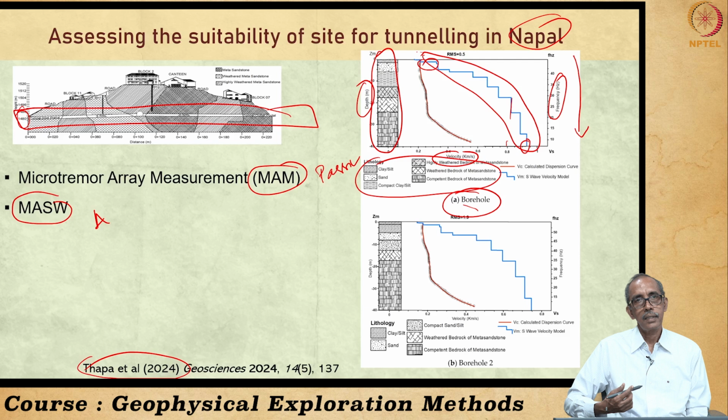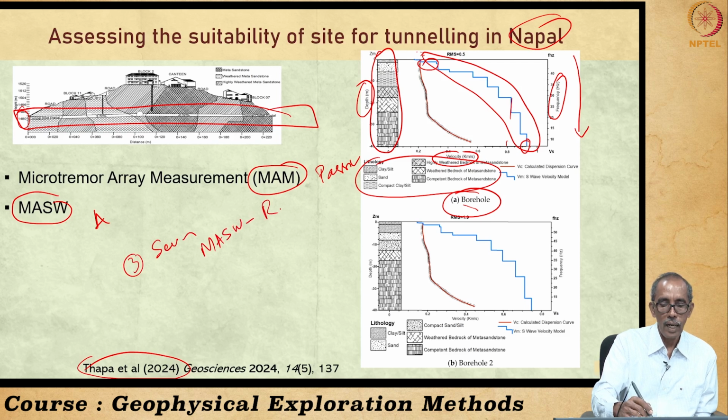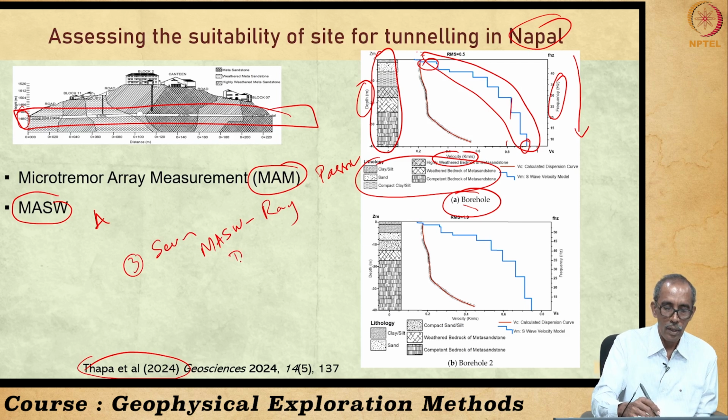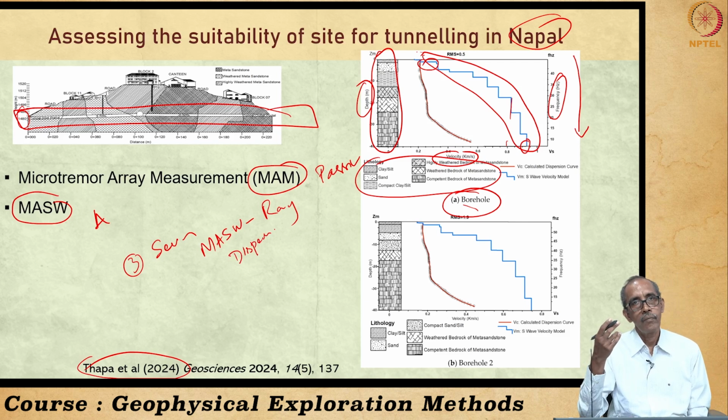In this lecture, we have seen the third major seismic method, multi-channel analysis of surface waves, which makes use of Rayleigh waves. We saw that Rayleigh waves are dispersive in nature, and that is what we make use of.